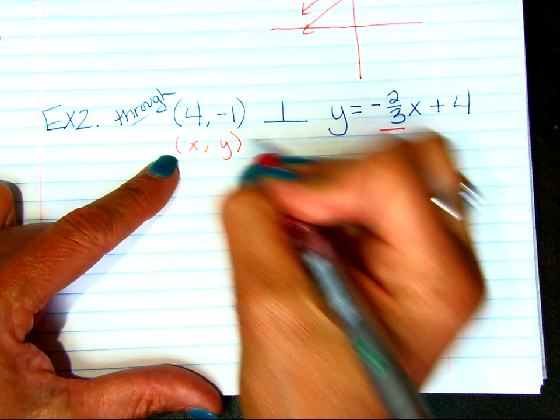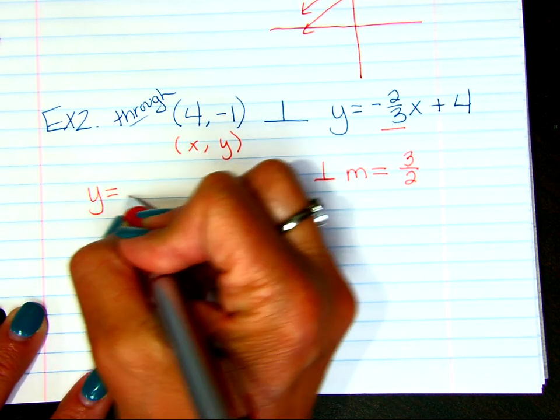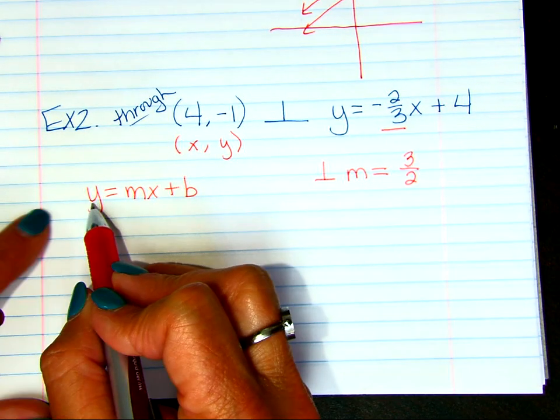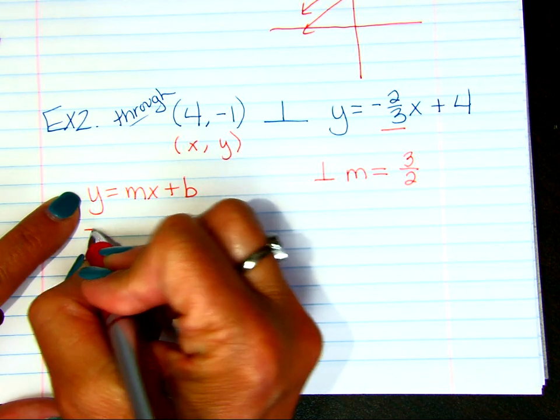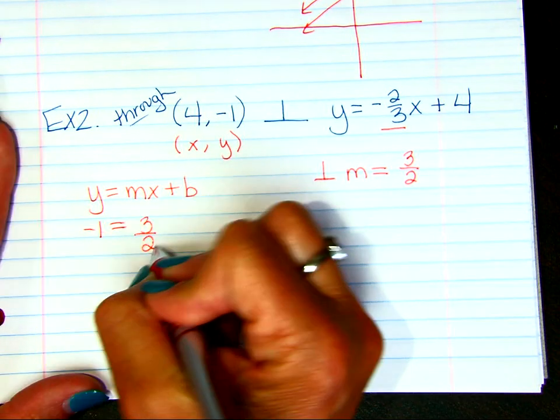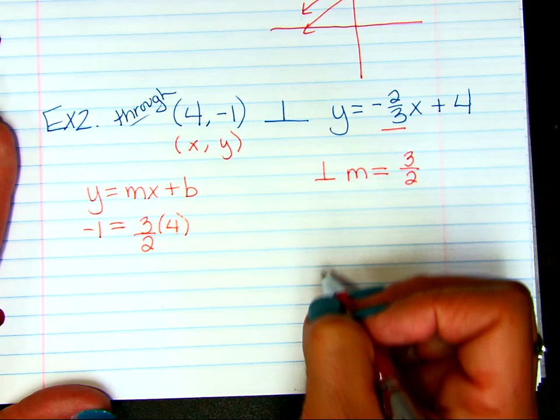Alright, so same as we did above, this time it's perpendicular instead of parallel. What do we know about perpendicular slopes? If the slope of this line is -2/3, what's the slope of a perpendicular line? We flip it and we change the sign.